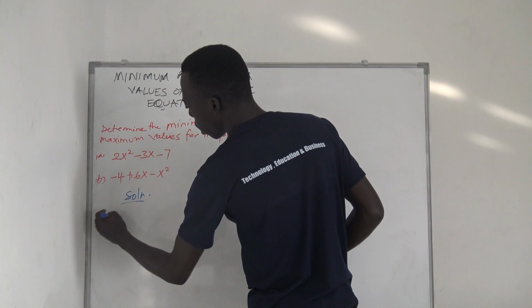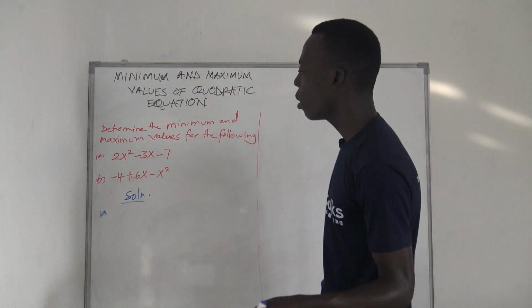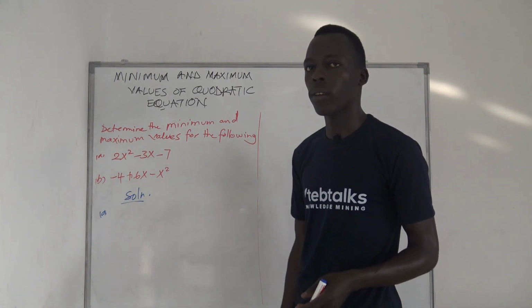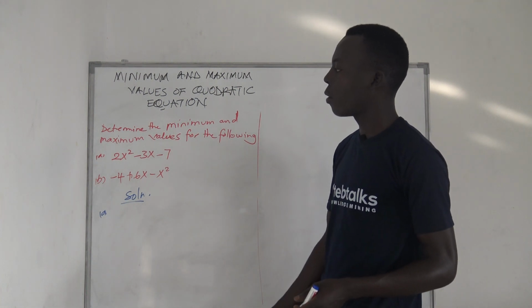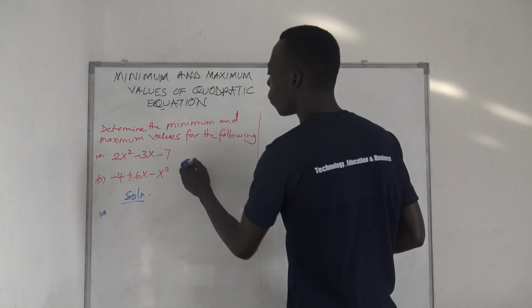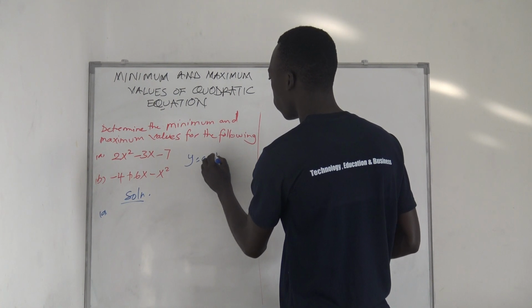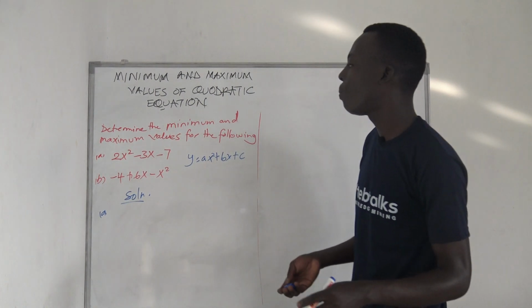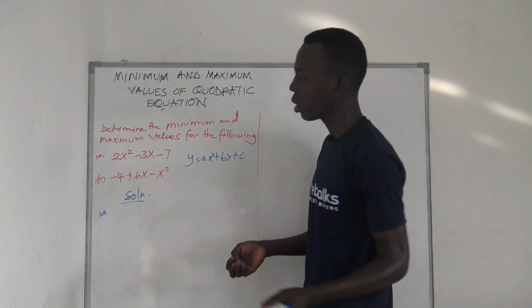Part A. They have given us 2x squared minus 3x minus 7 and want the minimum value. Now for this case, since the other equation was in the form of y equals ax squared plus bx plus c, what we do is we first let it be any letter.